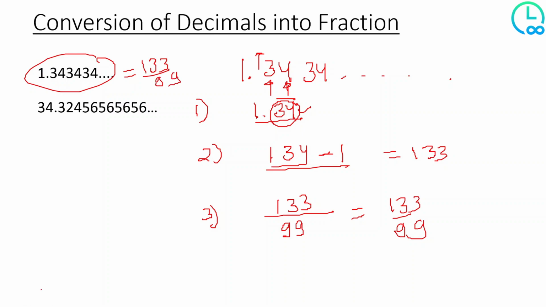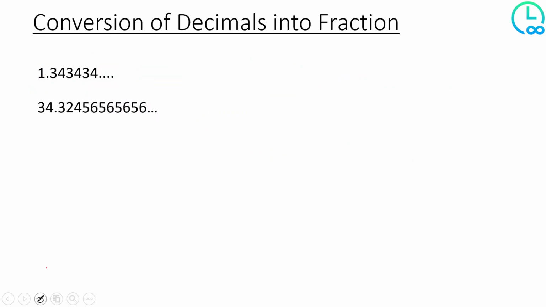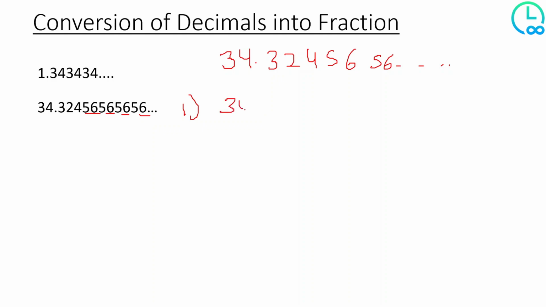Now I hope you learned the steps. So let's do a second example also. This will give you more clarity. 34.32456565, so here 56 is repeating. The first step is to write the complete number. So I will write 32.45656, with 56 repeating.